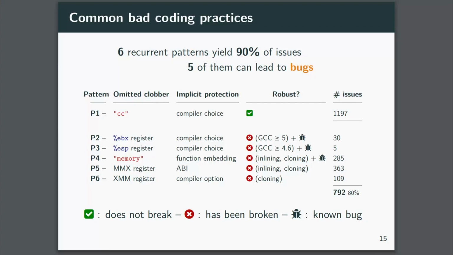Then the 3 last patterns are about memory, for instance, when you forget to declare that your assembly chunks may access or write memory, and different kinds of registers, SIMD registers, for instance MMX or XMM registers, which are single instruction, multiple data.